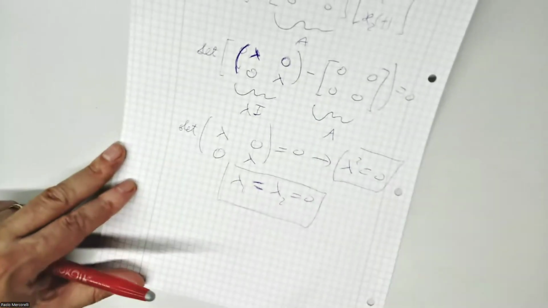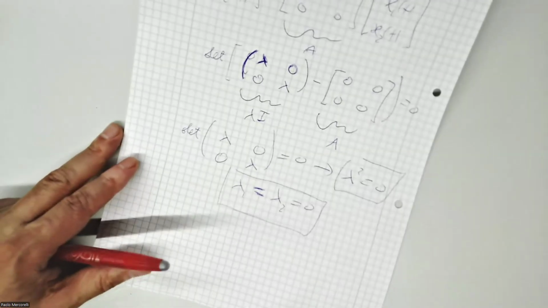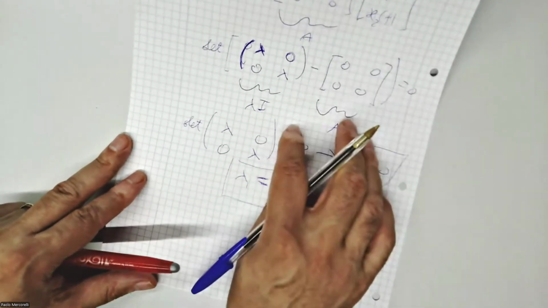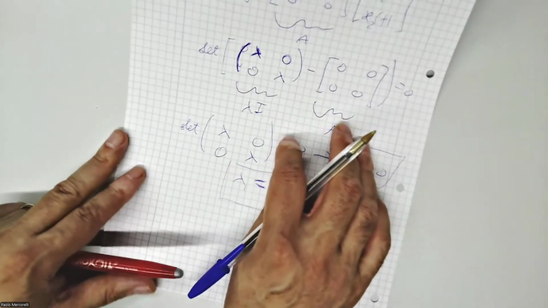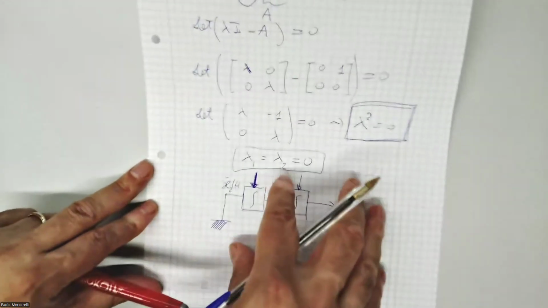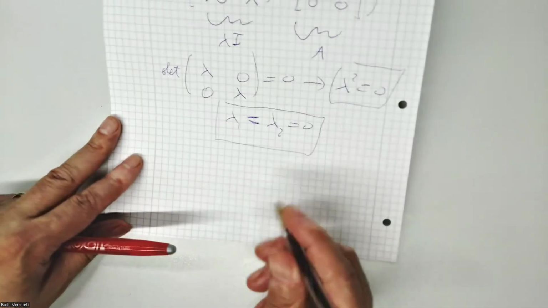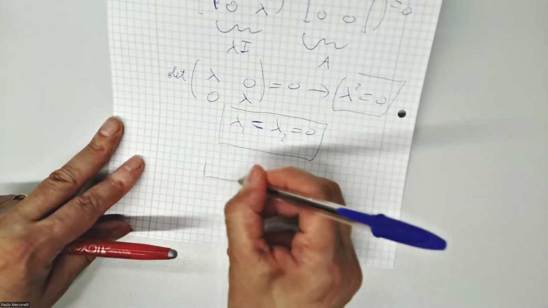Why that? Because analyzing the eigenvectors, we realize that in this system here the eigenvectors are independent. In this system here, the eigenvectors are dependent. Why that, practically?